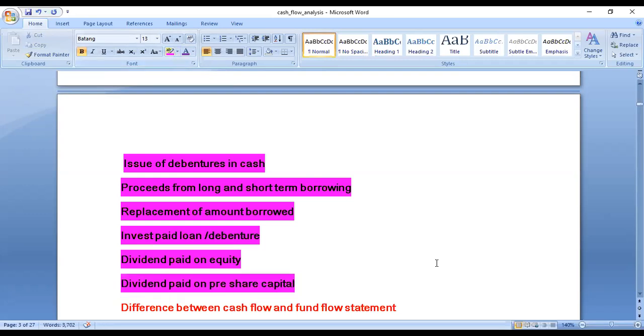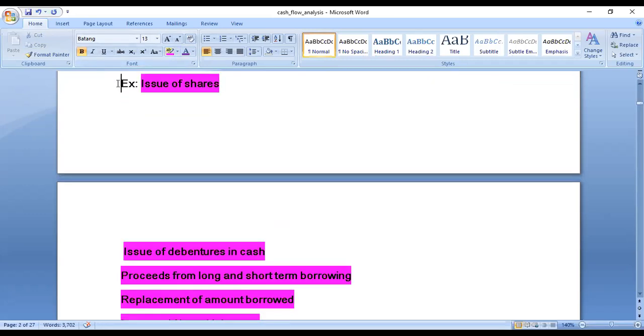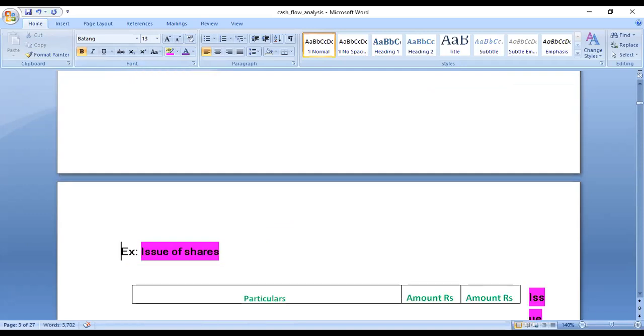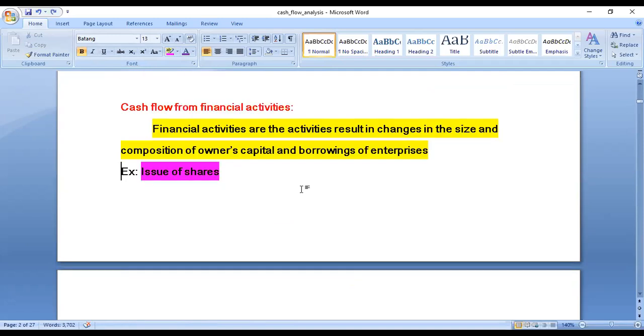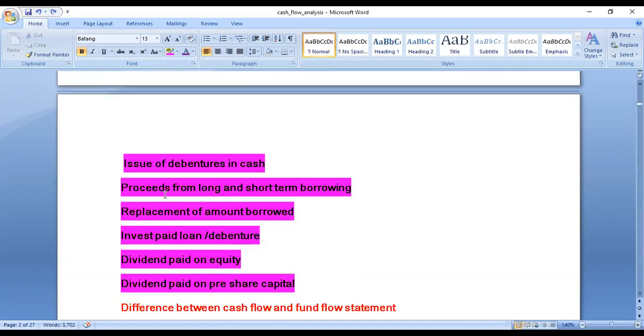So these are the activities related to financial activities: issue of shares, issue of debentures, proceeds from long-term and short-term borrowings, repayment of amount borrowed, interest paid on debentures, dividend paid on equity, dividend paid on preference share capital.